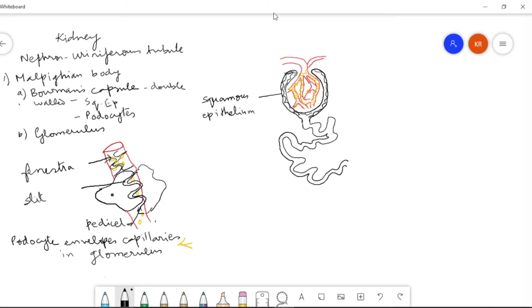It actually has several loops over here, but I am not showing all the loops, and this continues up to this point. Since this part is closer to the Malpighian tubule, this is proximal, and is therefore called the proximal convoluted tubule or PCT.